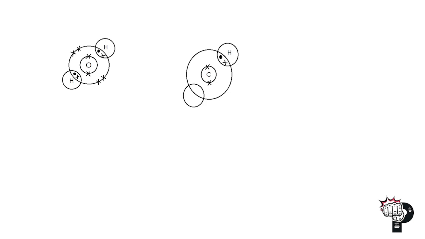Another hydrogen comes along, brings 1 electron, and so does the carbon, and another, and another. So in total we have 4 hydrogen atoms. This shows that we've used 4 electrons from the outer shell of carbon, meaning we've used all the electrons. And if we count the total electrons now, for carbon there are 8, meaning carbon is stable.